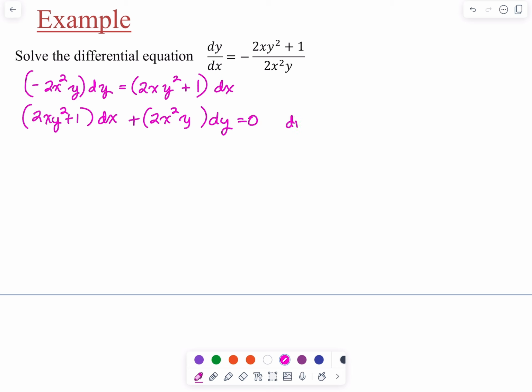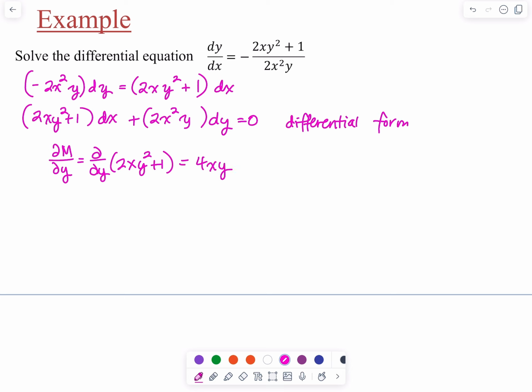Here we have our differential form. So now let's confirm the compatibility conditions. As you can see here, we will take the partial derivative of M with respect to y, and that's going to be the partial derivative with respect to y of 2xy squared plus 1, and that's going to be equal to 4xy.